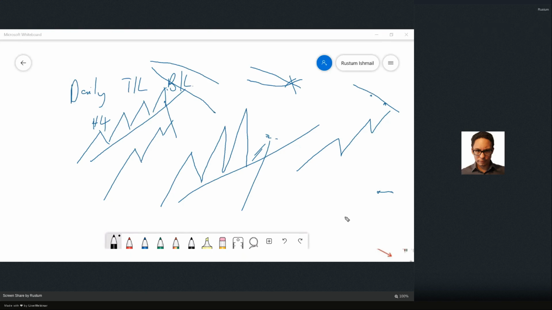So trend line break based on a trend becoming weaker and weaker. You can look on the 4 hourly or on the daily.